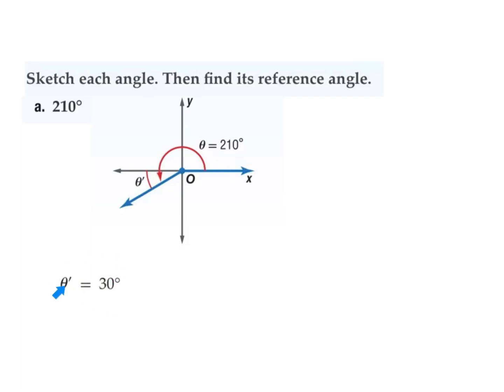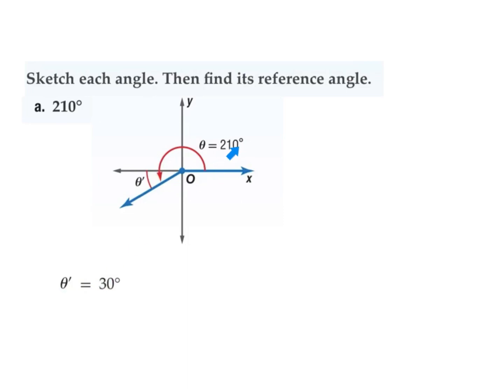The trig values of 30 degrees and the trig values of 210 degrees will have the exact same value. The difference is, since I'm down here in the third quadrant, the y is negative, the x is negative, which means the sine of 210 degrees and the sine of 30 degrees will have opposite signs.